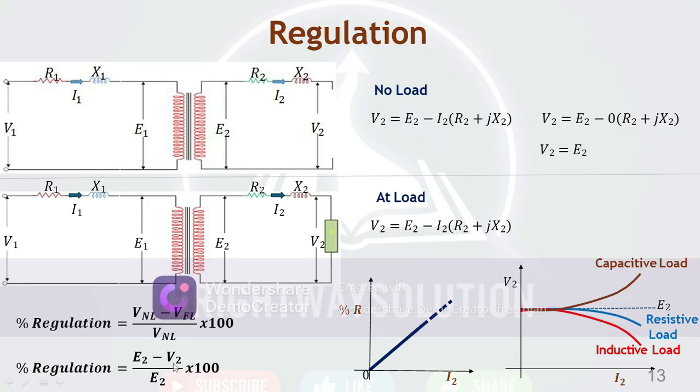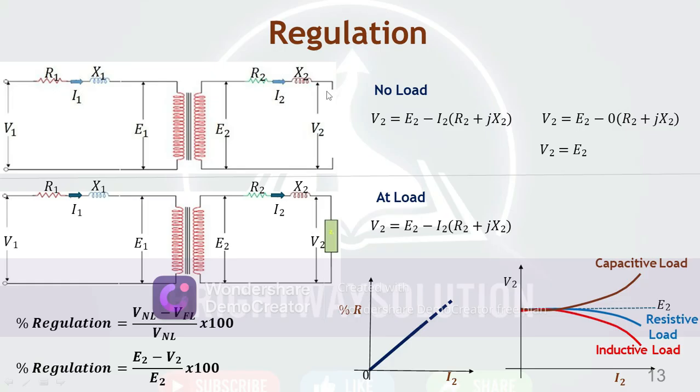So V2 is the full load voltage and E2 is the no load voltage. V2 is equal to E2 minus I2 into the drop across the impedance component, R plus jX. At no load the current is zero, so V2 is equal to E2 minus 0. The terminal voltage V2 is equal to the induced secondary voltage.